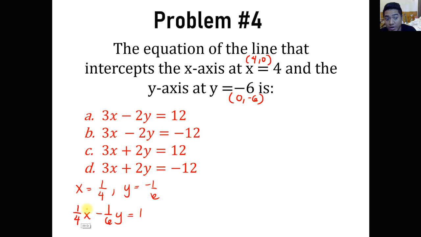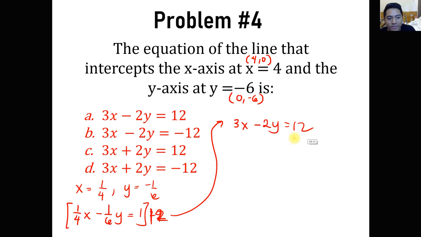So in order for us to eliminate the denominator here, we have to multiply it by 24. Or I mean, we can multiply this by 12 instead of 24. So 12 divided by 4, that would be 3x. 12 divided by 6, that would be 2y equals 12.